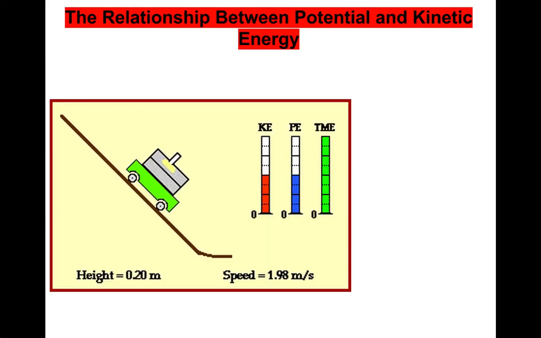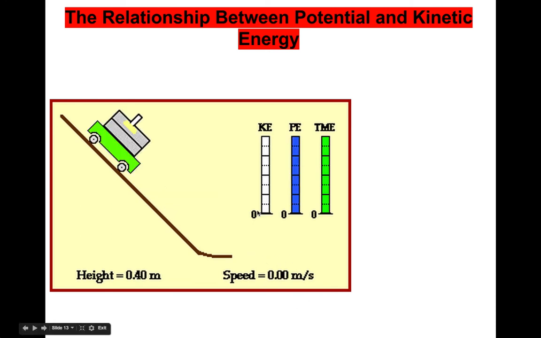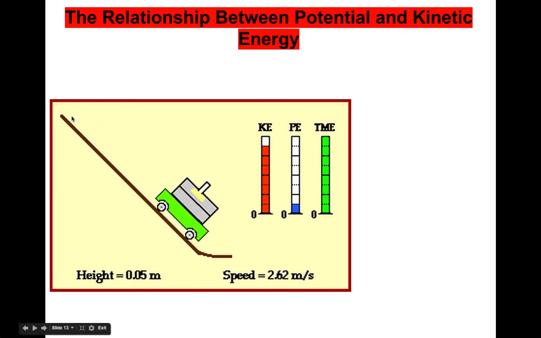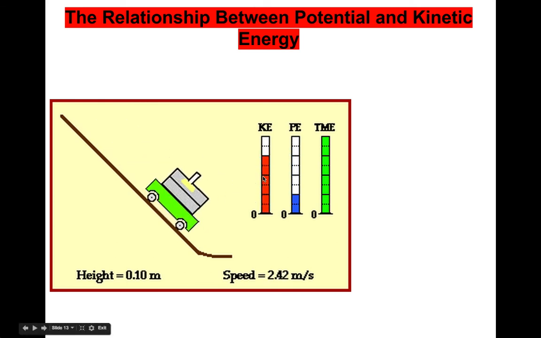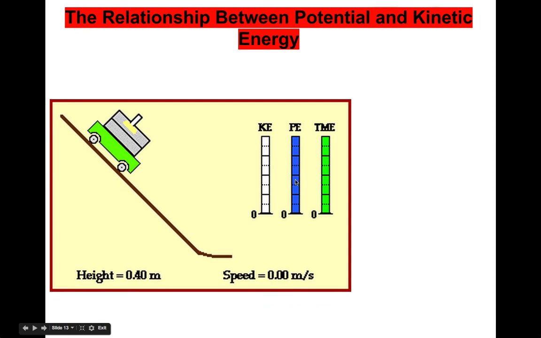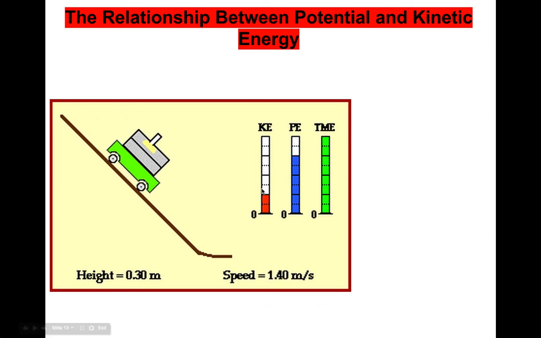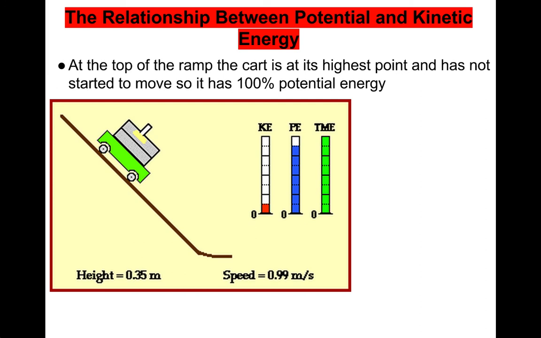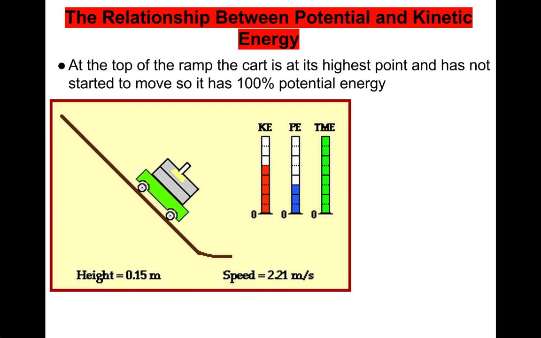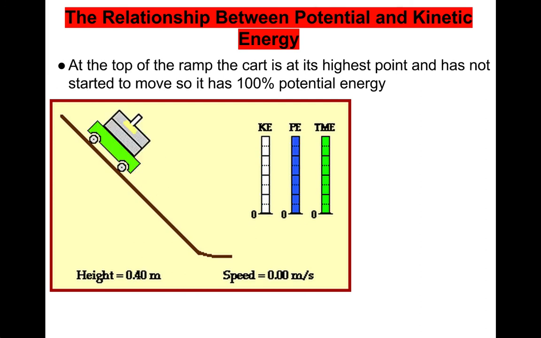So if we're looking at the car as it's going down the hill, at the top of the hill, it has the most amount of potential energy. Kinetic energy is at 0. And as it goes down, its potential energy is decreasing, and its kinetic energy is increasing. So at the top of the ramp, the car is at its highest point, and it hasn't started to move.